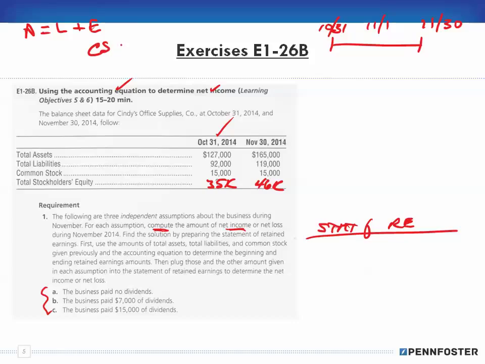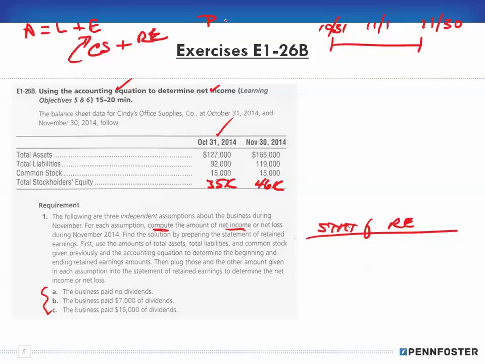We have common stock plus the retained earnings, which is what is shown on the equity section of the balance sheet. And remember, the statement of retained earnings is more of a detail of that equity, of that retained earnings.